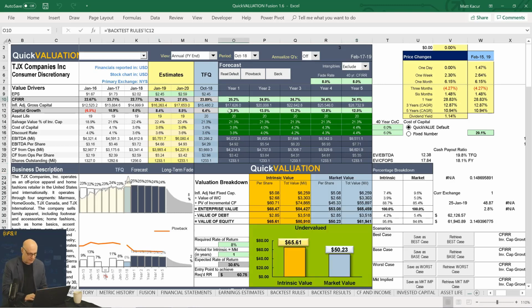we get a $65. Now that's because we're saying it's earned 24% return on invested capital, which generates a higher cash flow and therefore a higher value. So again, this is a new point. 24% return on capital with this amount of capital, this 28 billion, generates EBITDA of 9.5 billion, or cash flow from operations of 6.6 billion, and this is really the number we're discounting back to the present value minus the cost of capital.